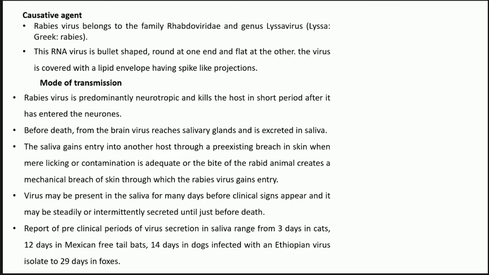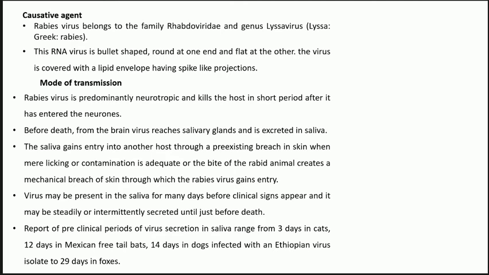Rabies virus is predominantly neurotropic and kills the host in a short period. It attacks the nerve cells, and due to damage to the brain cells or nerve cells, the person may die very early. There are some medicines and vaccines, so even if a person gets infected, he can recover, but it is necessary that all the medication be given.